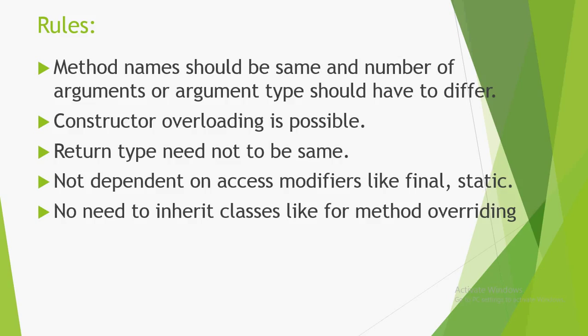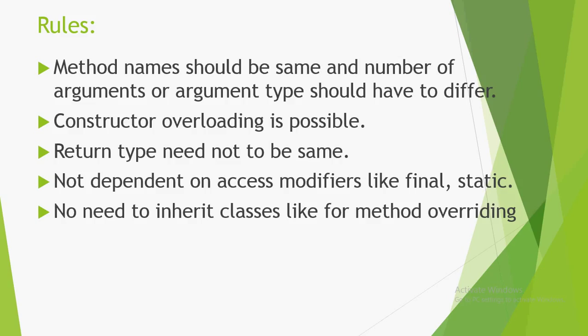If we see the main differences between overriding and overloading: in overriding, constructor overriding is not possible. In overloading, constructor overloading is possible. In overriding, method names should be the same. In overloading also it should be the same, but in overriding the number of arguments should be the same as the parent class method.